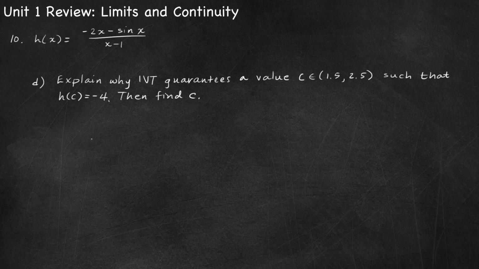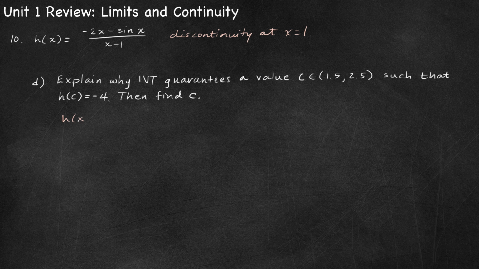So h of x, if we look at our equation up here, has a discontinuity when x equals 1. So there is a discontinuity at x equals 1, but that's the only place where we have a discontinuity. And since 1 is not in the interval between 1.5 and 2.5, we know that our graph is continuous on our interval.